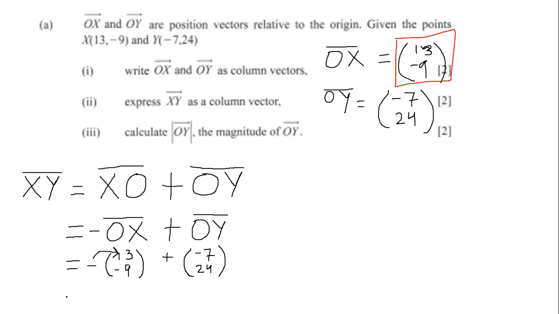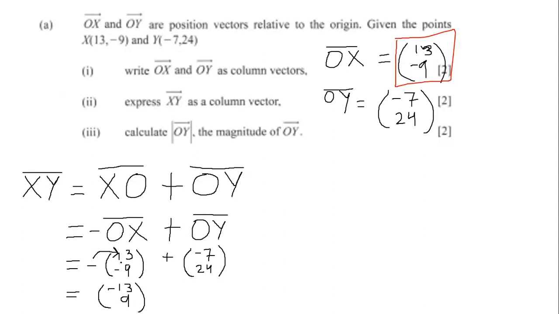Well, negative 1 multiplied by 13 is going to be equal to negative 13. And negative 1 multiplied by negative 9 is going to be positive 9. And so this quantity is actually equal to the quantity at the bottom.